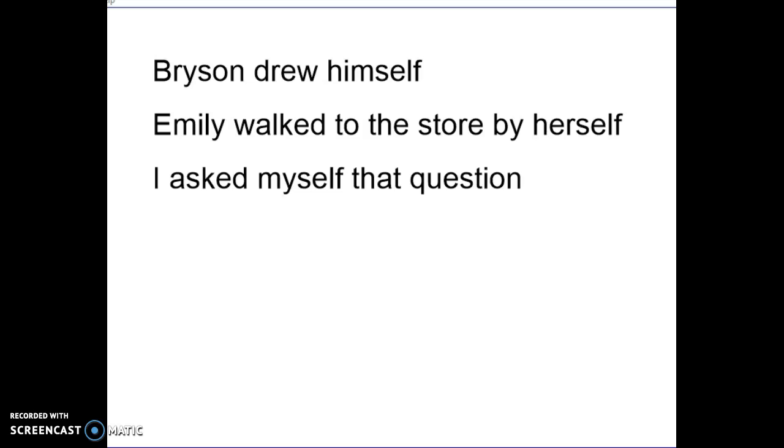Something else I would like to mention that's not in your blue box is that a reflexive pronoun can be used as a predicate noun when it renames the subject. But a reflexive pronoun can never be used as a subject. So you can say, the lead is herself.